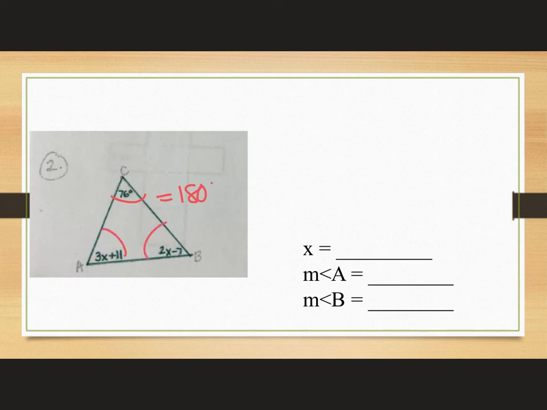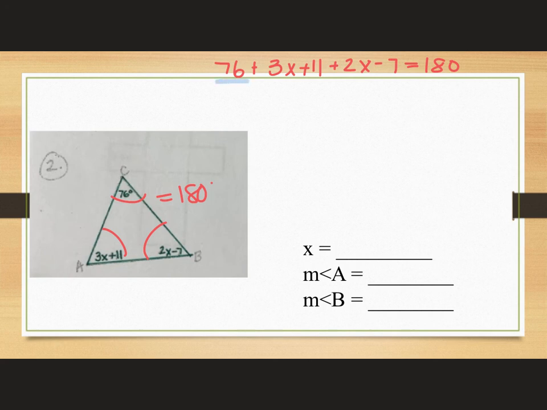So I'm going to write that out. 76 plus angle A, which is 3x plus 11, plus angle B, which is 2x minus 7. All of that should equal 180 degrees. Our first step is to simplify the left-hand side by combining like terms.